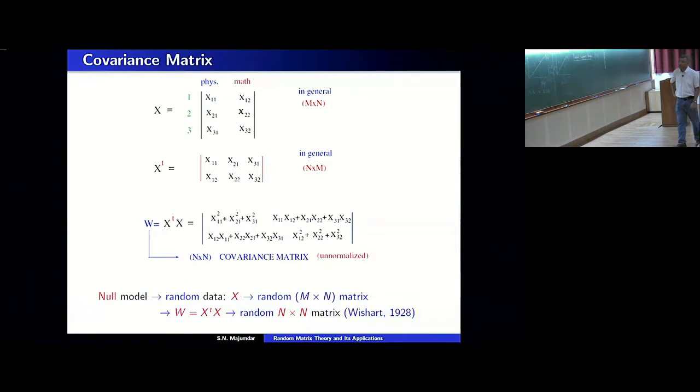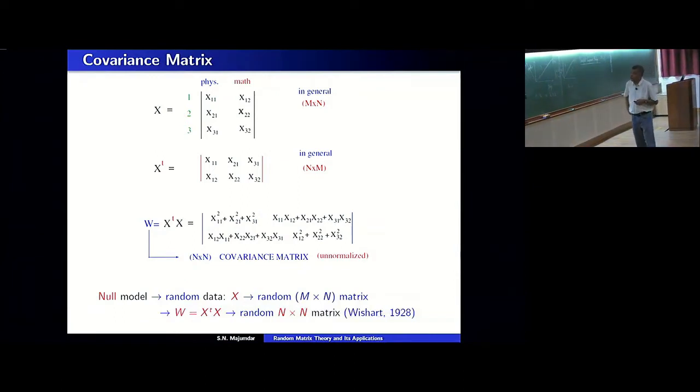So what Wishart did was to introduce the random covariance matrix as a null model for principal component analysis. This is how the original motivation of random matrix theory came in. He didn't solve anything. He just said it would be interesting as a null model to study the case when the matrix entries are completely uncorrelated, and then what can you tell me about the eigenvalues and eigenvectors of such matrices?